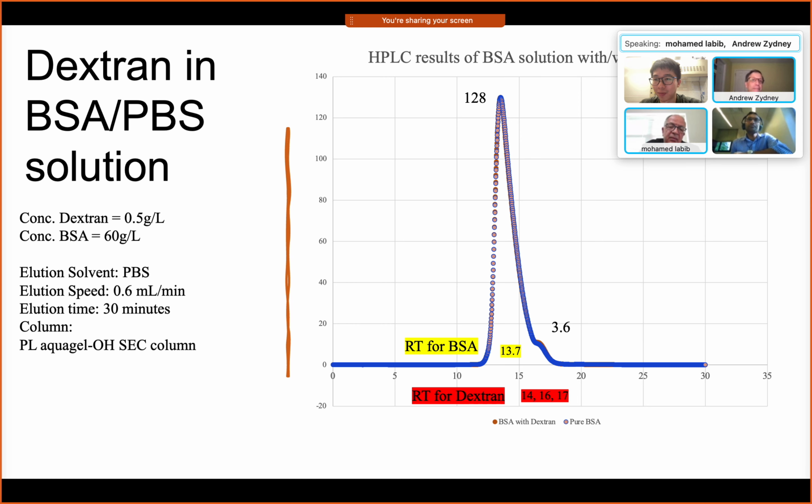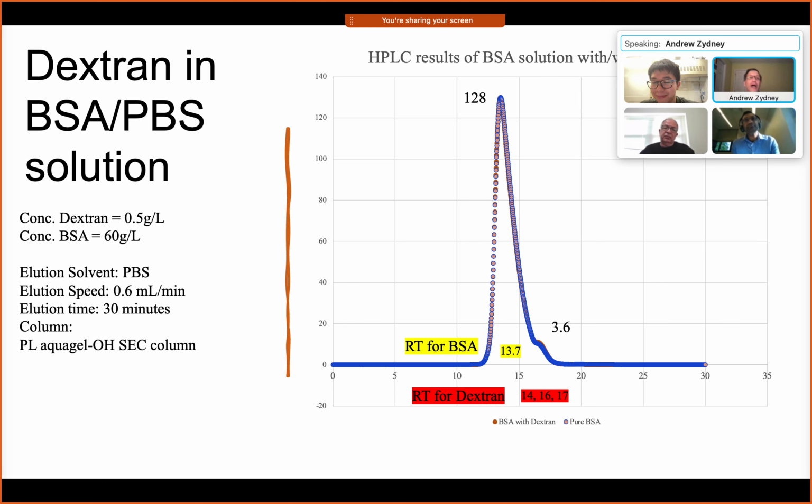If you really want to separate the two, what you actually want to do is use an ion exchange column, because you can remove the BSA by an ion exchanger, but then you would take the outflow and have to analyze that by the size exclusion column, because the ion exchange column won't allow you to see the dextran molecular weight distribution at all, because it doesn't separate on the basis of molecular weight.